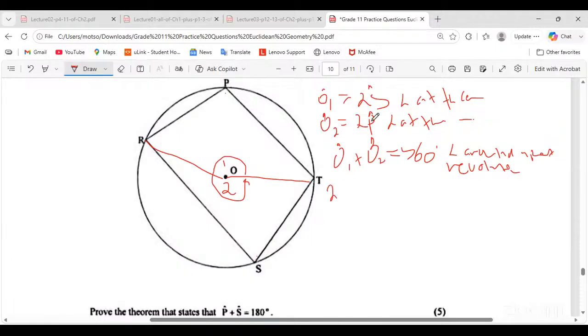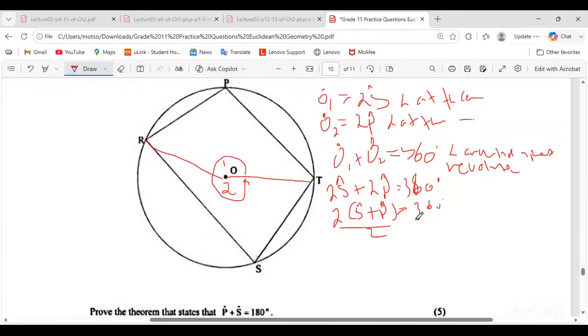Now, what is O1? O1, we said it is equal to 2S. What is O2? We said that is equal to 2P, and the sum is equal to 360 degrees. You now can take on the left-hand side 2 as a common factor. Now 2 times angle S plus angle P is equal to 360 degrees.